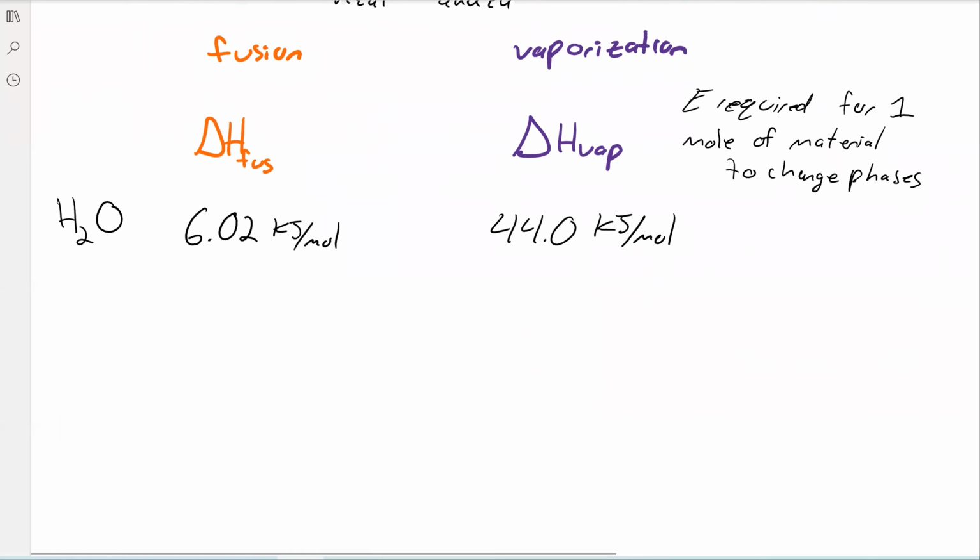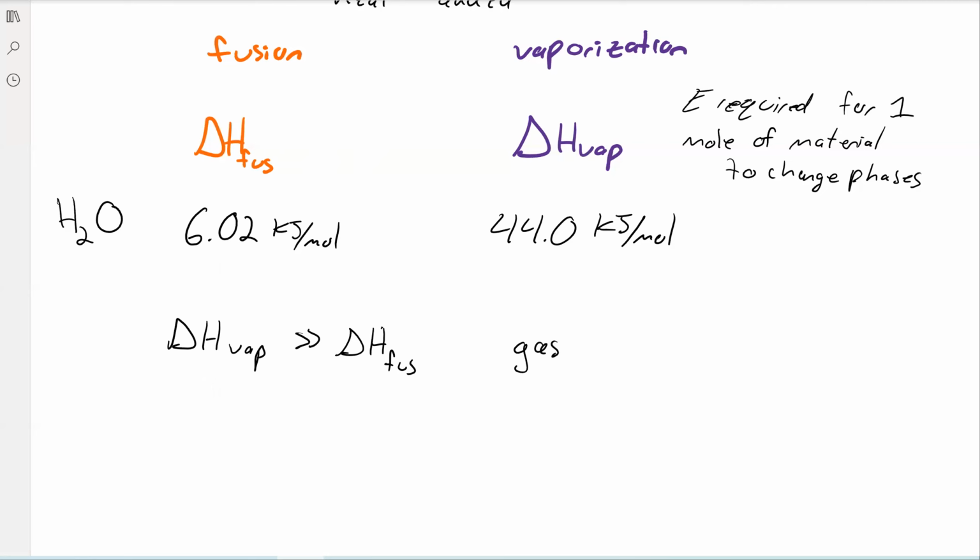So one thing that you'll notice with almost every compound, the delta H of vaporization is much greater than the delta H of fusion, right? The fusion is 6, the vaporization is 44. That's quite a big difference. And so let's think about this logically. Does that make sense? And if you think about it, yeah, it actually does. In order to go from a liquid to a gas, we have to completely break the IMFs, right?